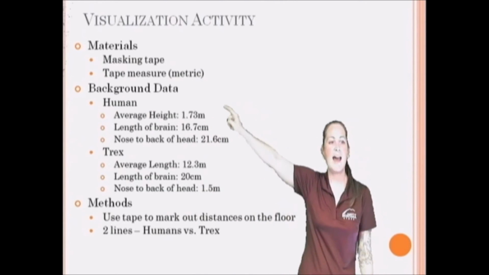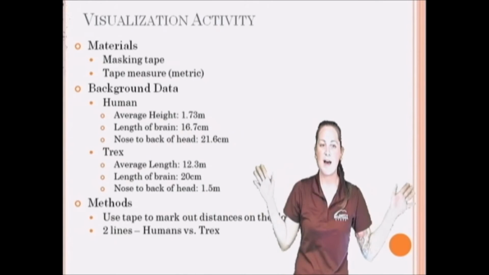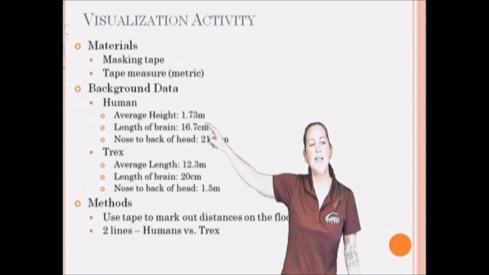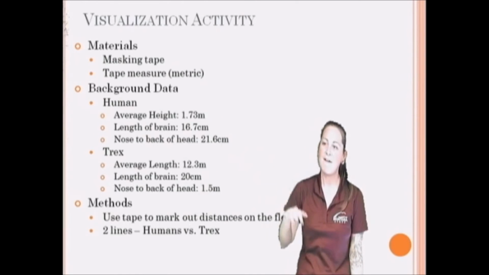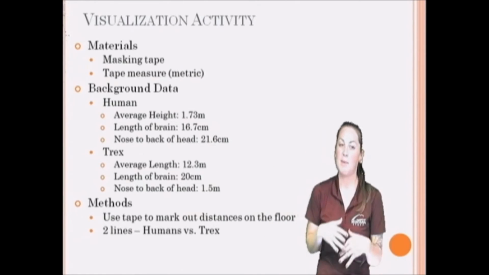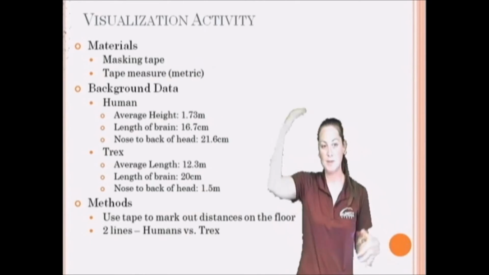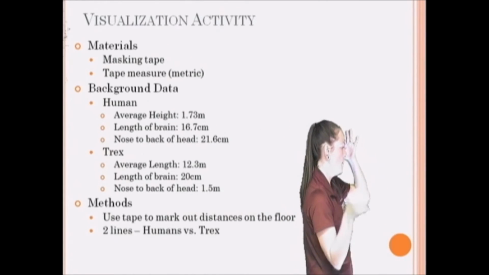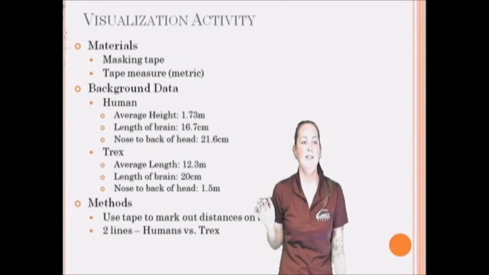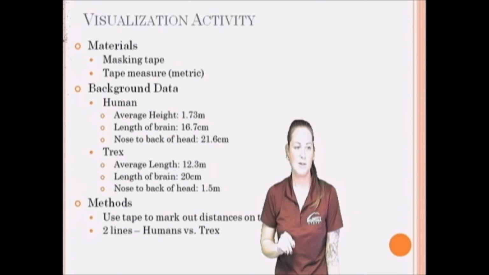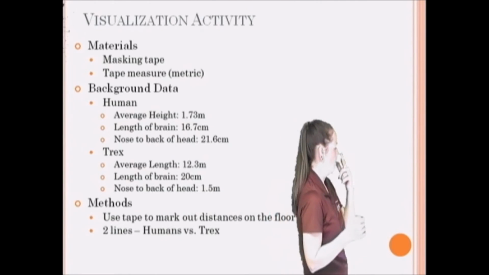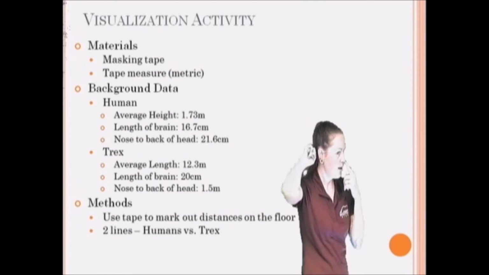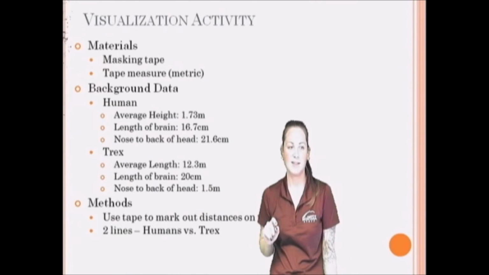The worldwide average height of a human is 1.73 meters, so that's about 5'8.5". The length of our brain, from the front to the back, is about 16.7 centimeters. And from our nose to the back of the skull is about 21.6 centimeters.